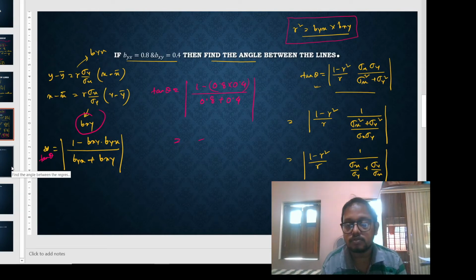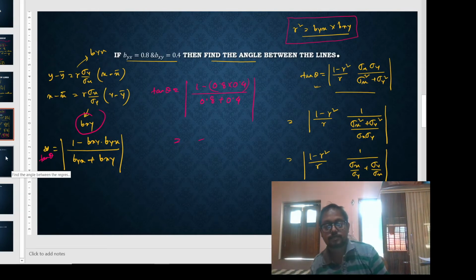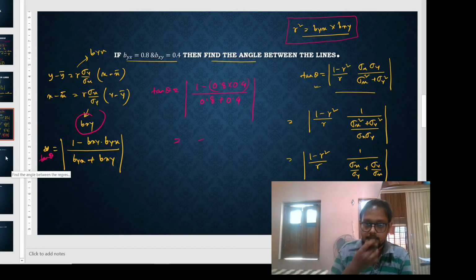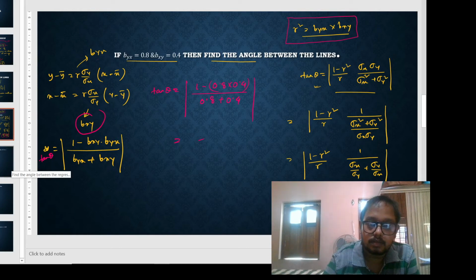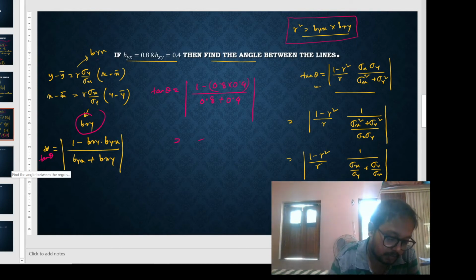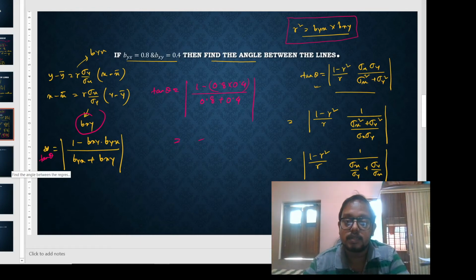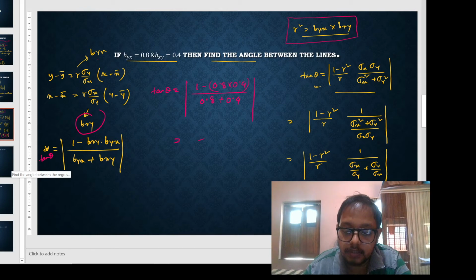So now I am going to the next. If you simplify, I just give you the simplified results here: 0.8 plus 0.4 is 1.2.